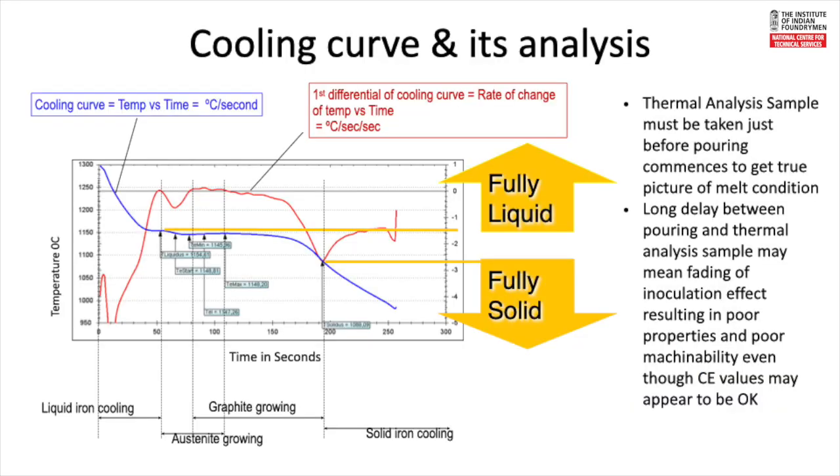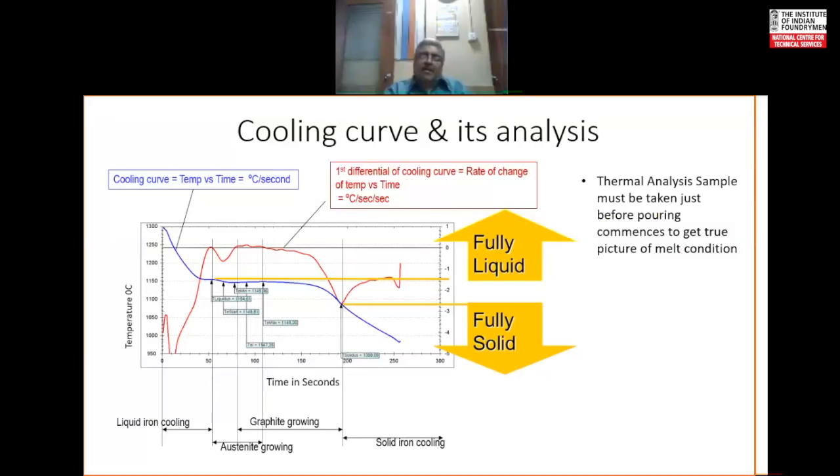Cooling curve and its analysis. The cooling curves are used in 2 ways. When you use cups which are with tellurium coating so that iron freezes as cementite, we use it for your C cups, while uncoated cups will be used for looking at really how the phase transformations are happening. The important point here, I'll not go into too much depth because I think I have already taken a lot of time.